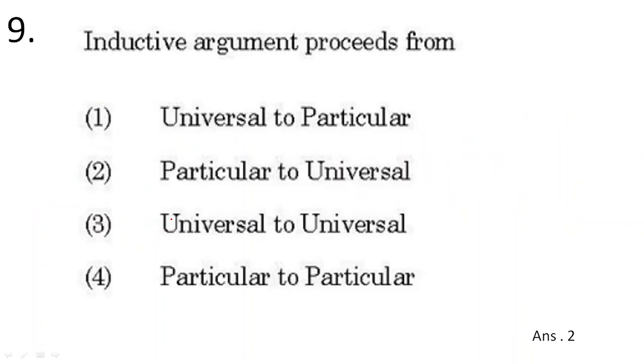Moving on to the next, inductive argument proceed from, we have two types of arguments, deductive and inductive. Inductive is from particular to universal, right? You can take an example of Newton, that he studied that apple is falling, then he looked at various other things falling, everything is falling.